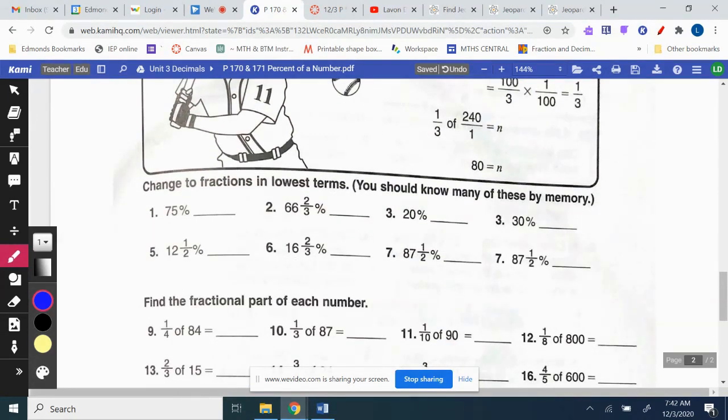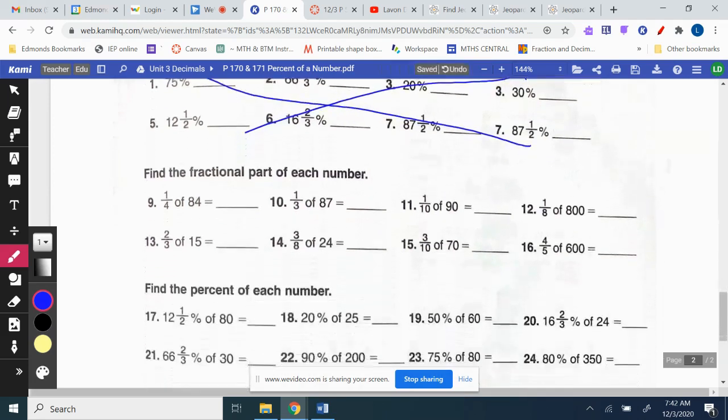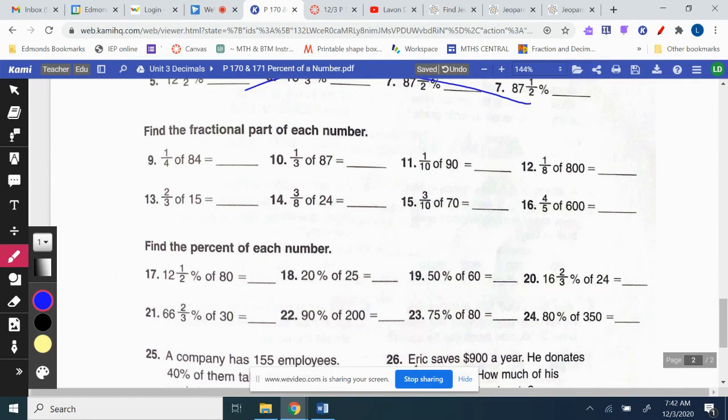So again, change the fractions to fractionless terms. You should know many of these by memory. I'm going to skip this because I really want you to focus on this. Again, these should be put into your brain, but you can always use the fraction as a division sign.